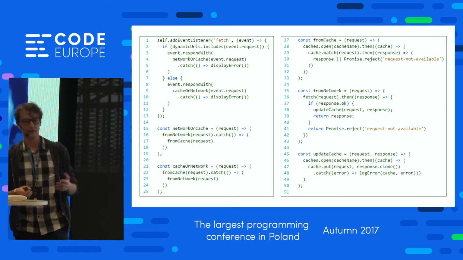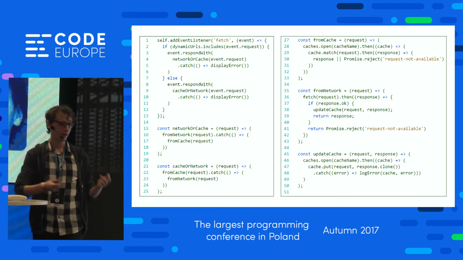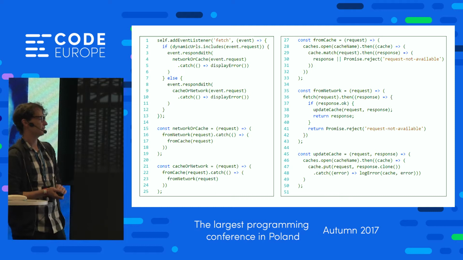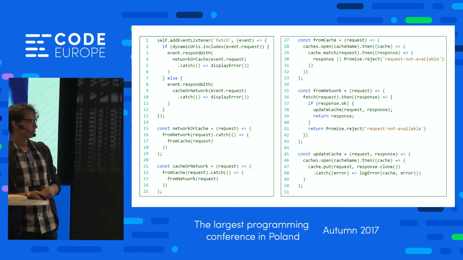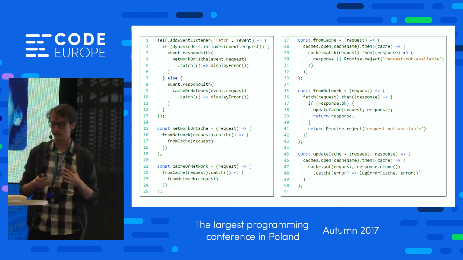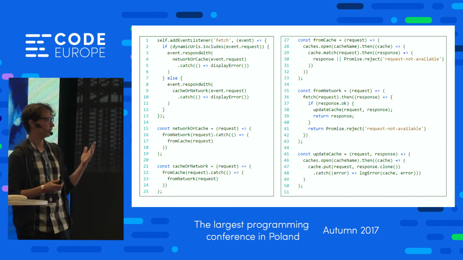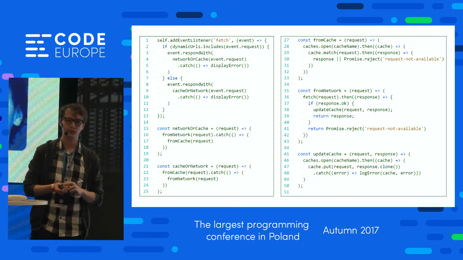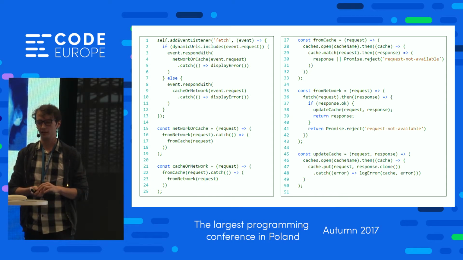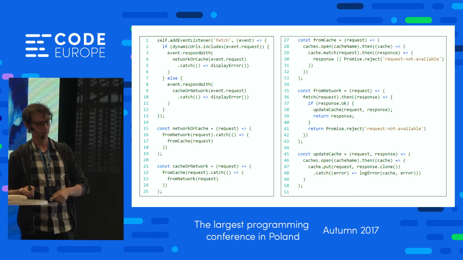And if a request comes with such an address, then we go to the network first. Otherwise, we try to retrieve it from cache and revert to the network if it doesn't work. Thanks to the catch at the top of this promise chain, in any case, using this kind of implementation, you will display to your user some error notification, no matter if it was found in network or in cache.